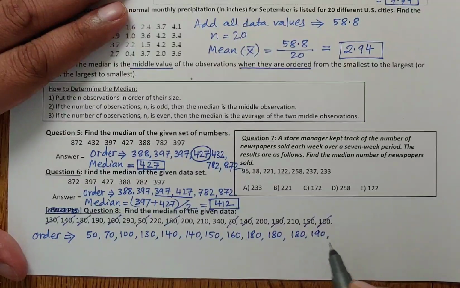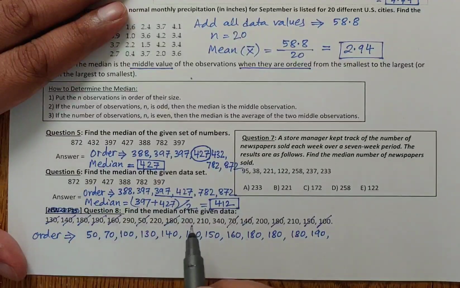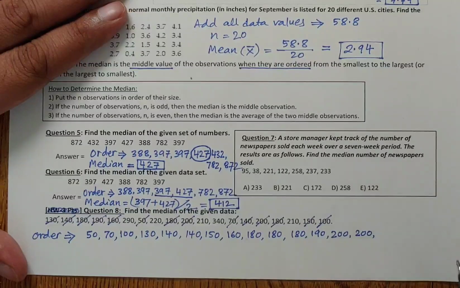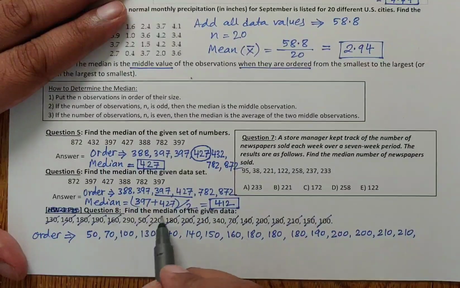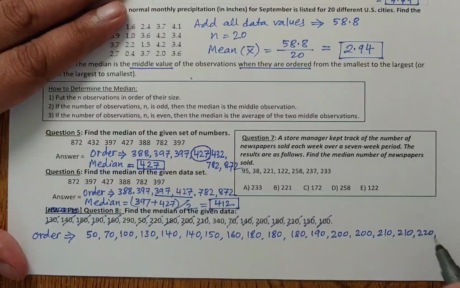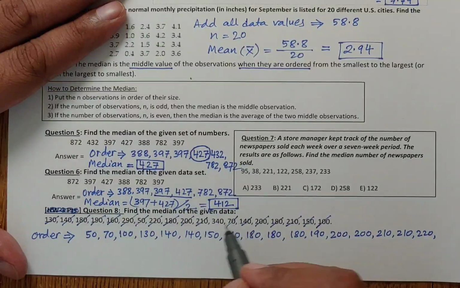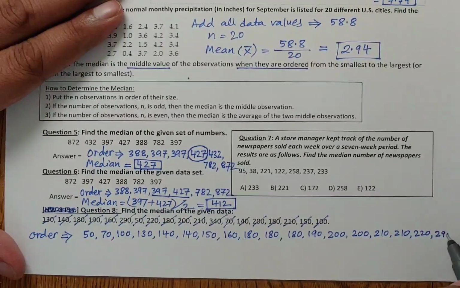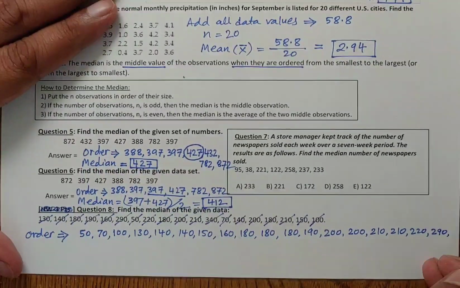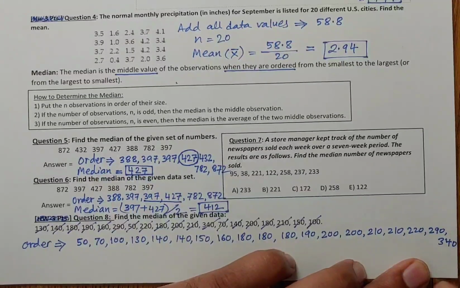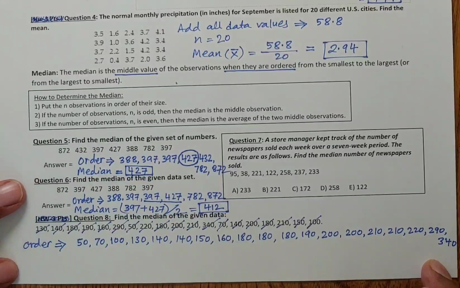Okay, 190, and then 200, 200, right? And then 210, 210, 220, and then we got two numbers, 290 and 340, right? 340. Okay, so we got the numbers in order.